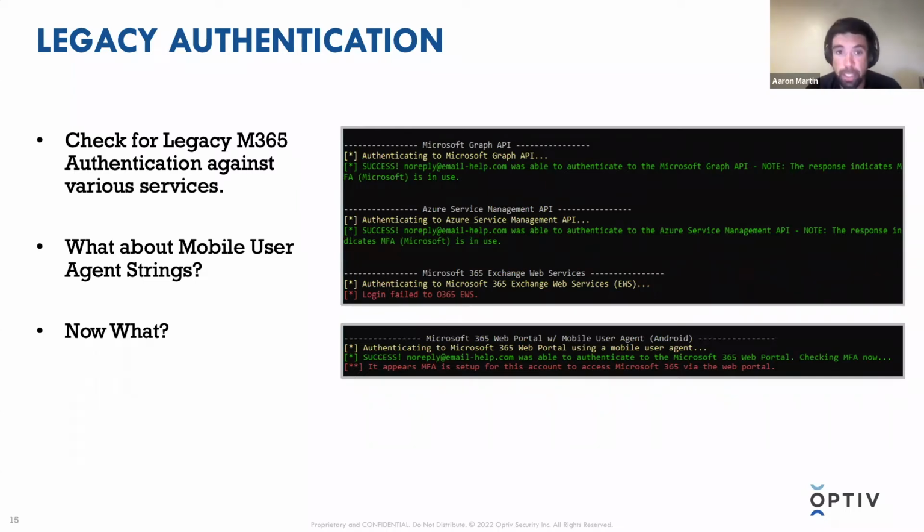Exchange Web Services. A lot of times we see on engagements that if ActiveSync or Exchange Web Services is enabled, those legacy protocols by default aren't supporting multi-factor authentication. And a lot of times with, say, a mobile user agent string or a different user agent string than, say, Windows or something along those lines, we may be able to get access to a user's inbox or additional resources.